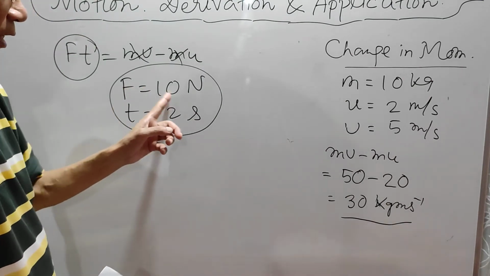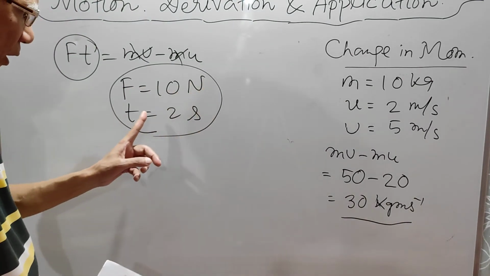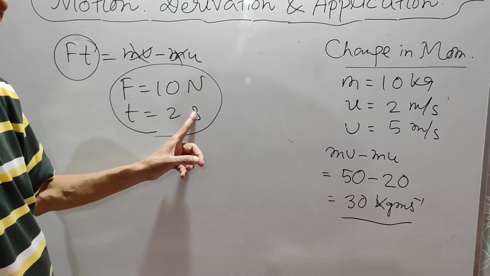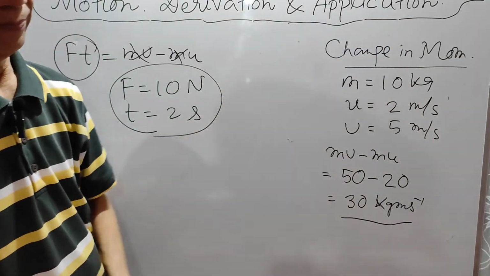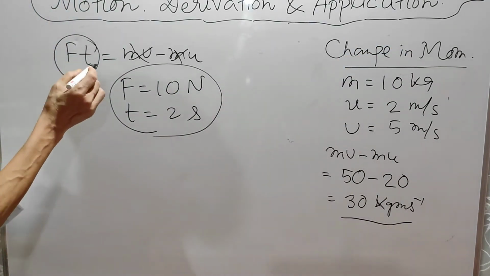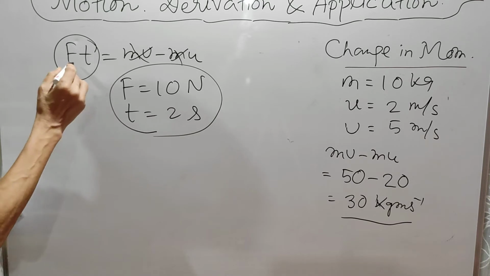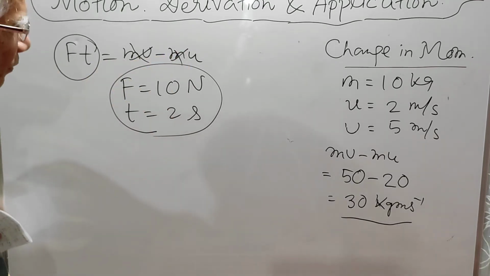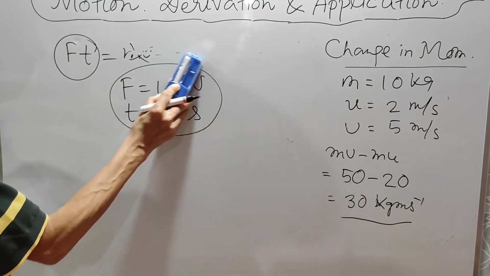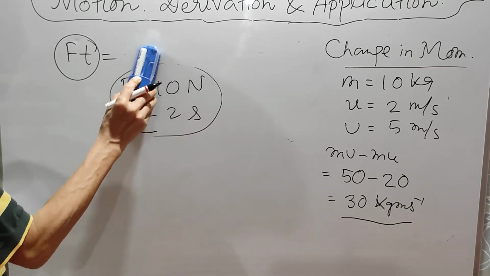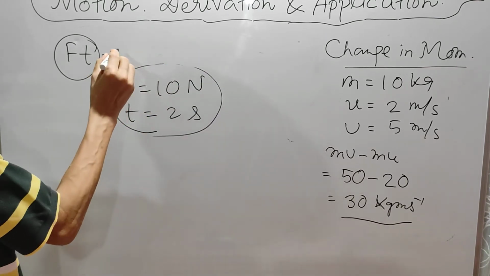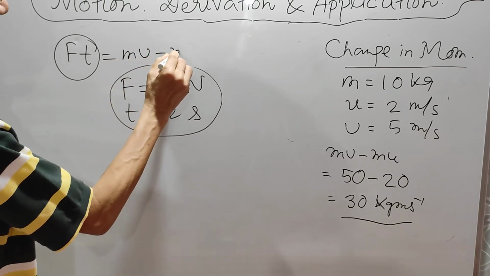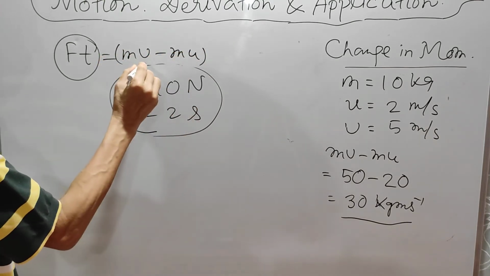Simply a force of 10 Newton is acting on a body for 2 seconds. Find the change in momentum. So we will use this form Ft, because Ft equal to mv minus mu, change in momentum. Here we cannot use mv minus mu because m is not known, v is not known, u is not known, therefore we cannot use this formula.